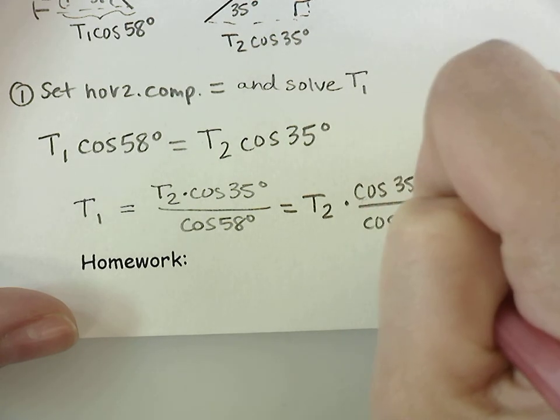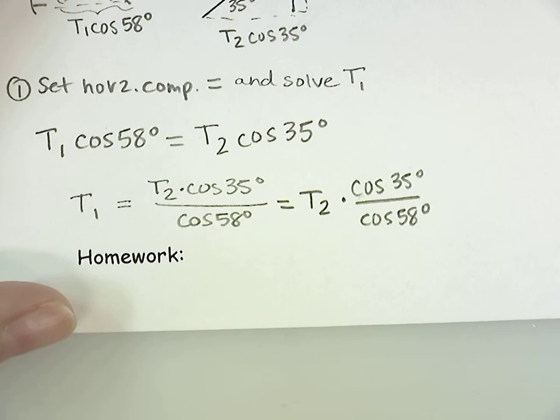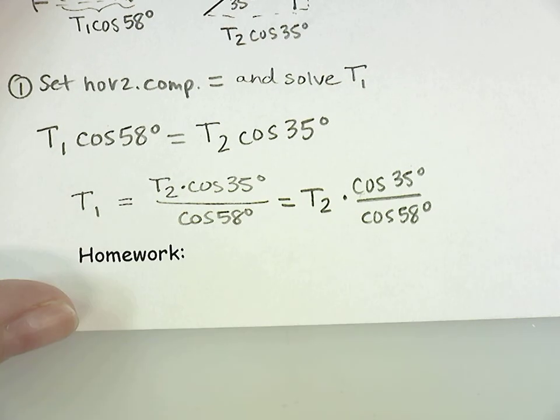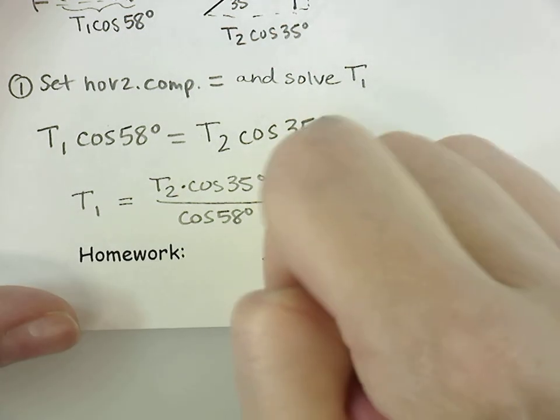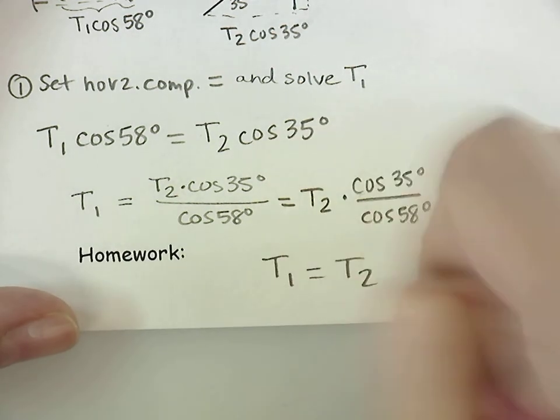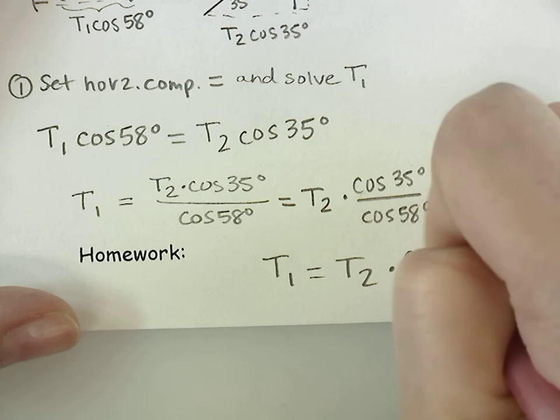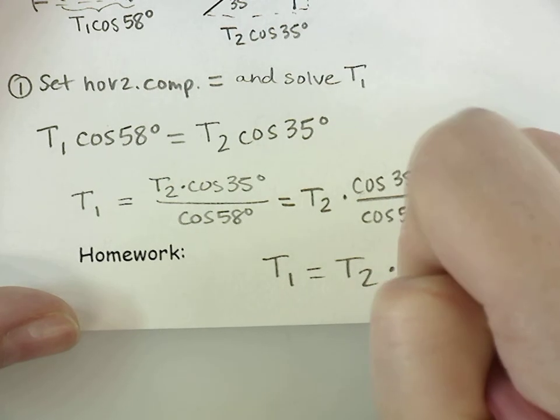Because if you had x over 5, that's the same thing as 1/5 x, like when you're doing slope. So t sub 1 is going to equal t sub 2 times the cosine of 35 degrees over the cosine of 58 degrees.